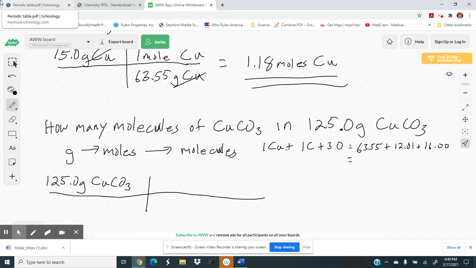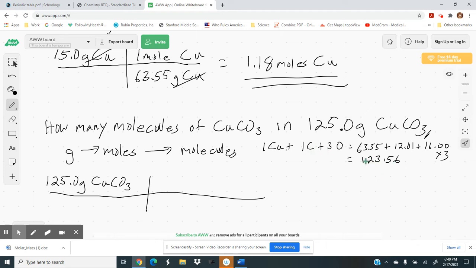I almost messed that one up. Let me fix that. I'm going to have to multiply that by 3, times 3, because there's 3 oxygens. That gives me a total of 123.56. Oh, I didn't mean to make it that close to a mole, but apparently it is.